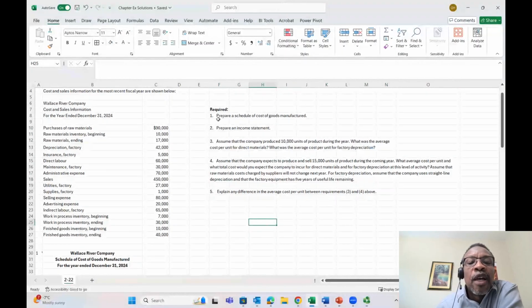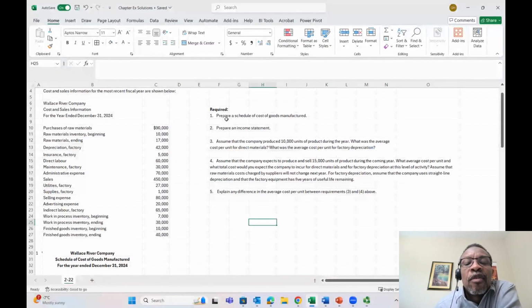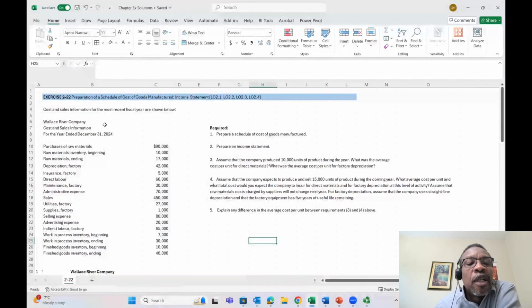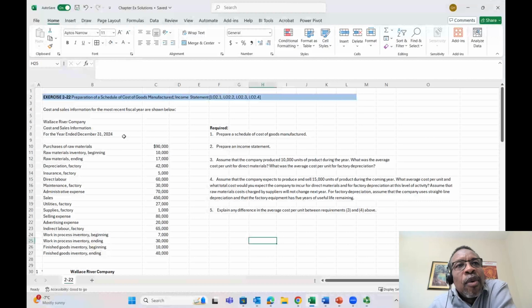All right, so we're going to start with number one, preparing the schedule of cost of goods manufactured, right? And remember that in a manufacturing environment, usually we do a schedule of cost of goods manufactured. The reason being, when you're dealing with a manufacturing company, the company will have raw materials. These raw materials will be transferred to work in process. Then after work in process, it would use conversion cost to convert that raw material into finished goods.